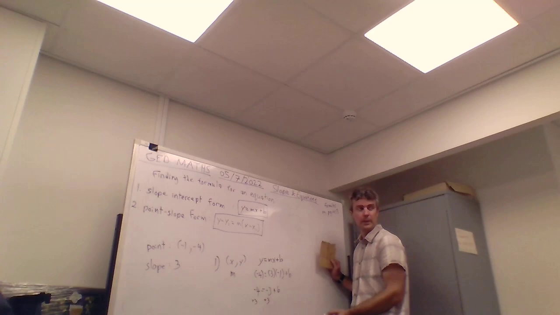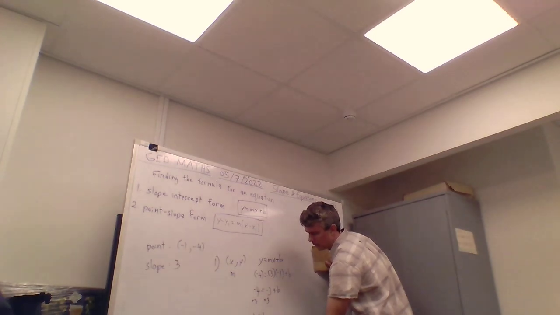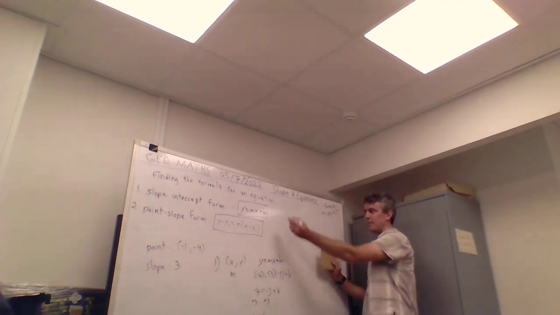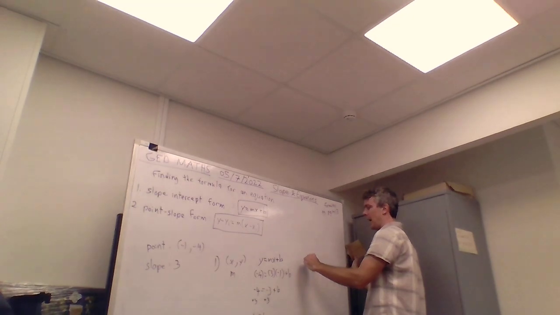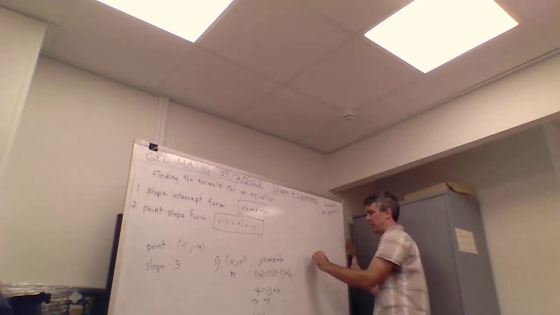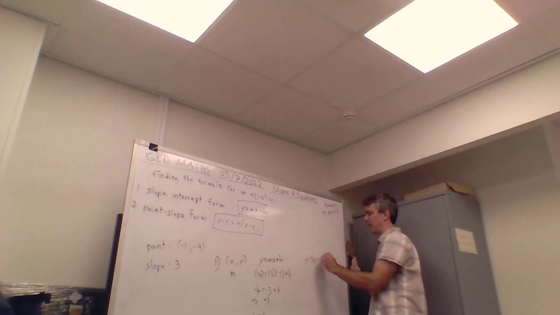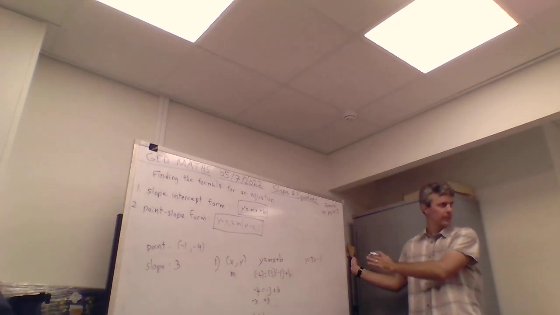What's -4 plus 3? -1 equals b. So b equals -1. So we put that back into the formula. So y equals, what is m? 3x. What is b? -1. Yeah, there's our formula.